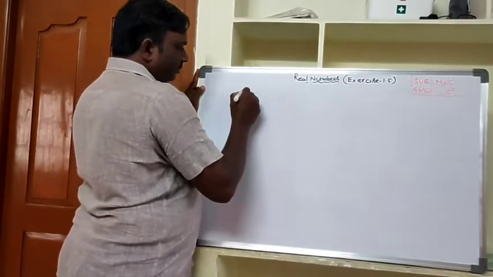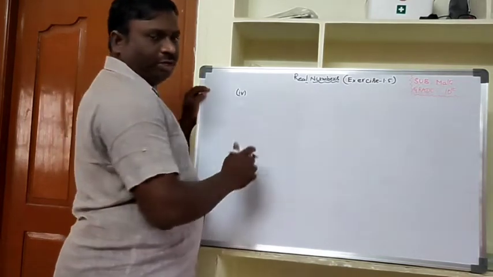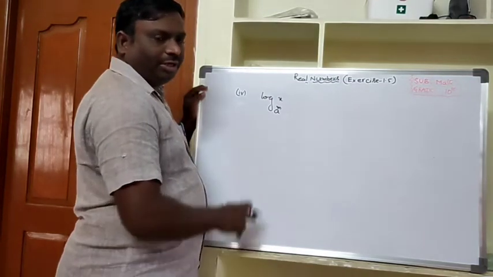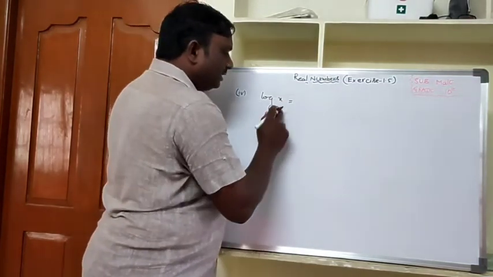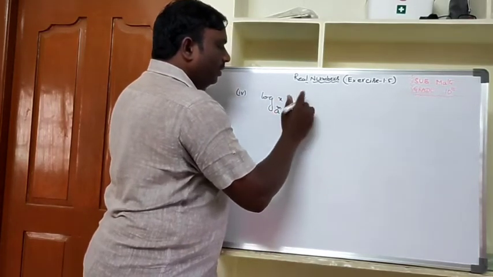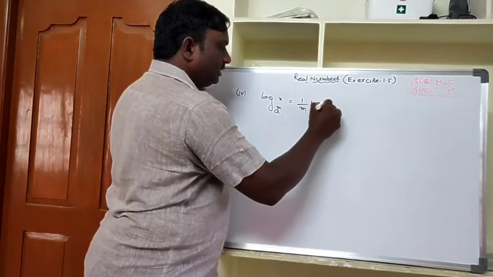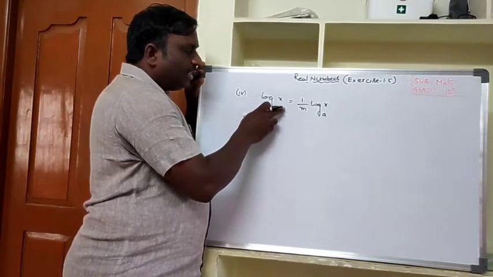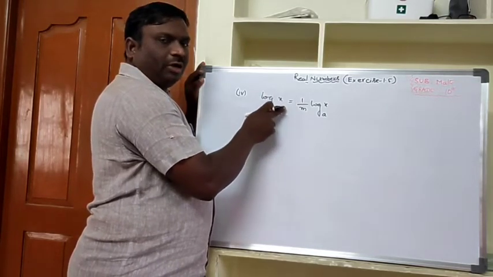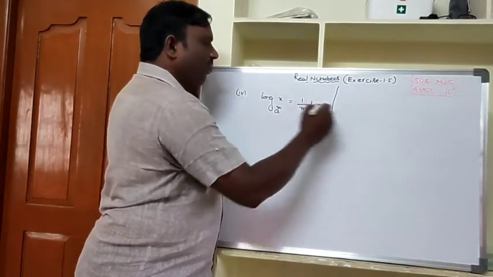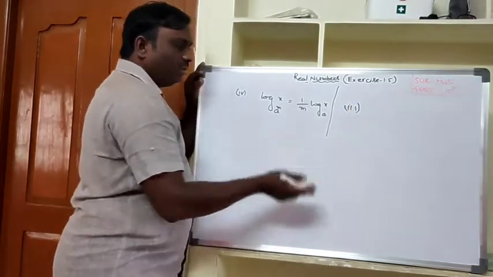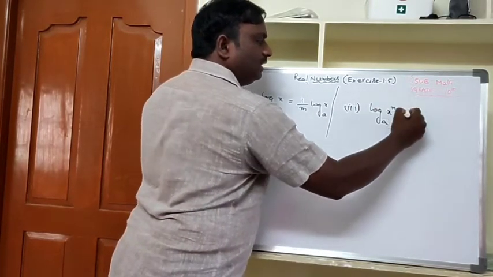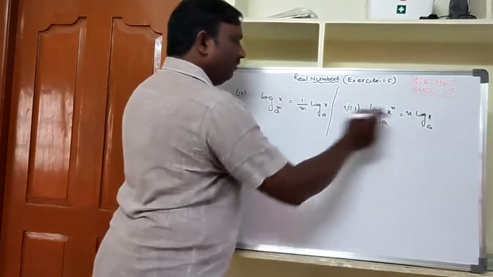And the fourth one is the base power rule. Base power rule means log x base A power m, that is 1 by m into log x base A. Here the power is on the base, so you take the reciprocal of this power and multiply. Before, the third rule, the power rule, is only for the log value, and there you take the value n as it is, n log x base A. Identify the difference between these two.